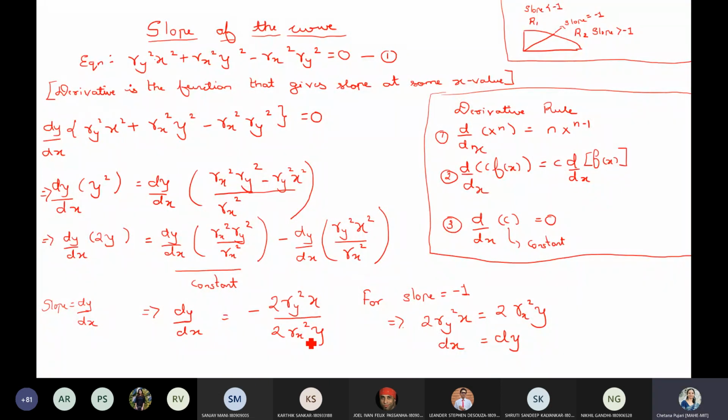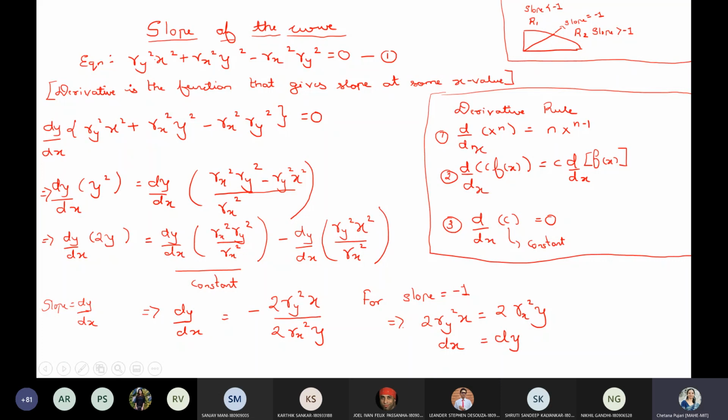When 2ry square x is equal to 2rx square y, when these two are equal, then you will end up with minus 1. So the condition is when dx is equal to dy, you can say the slope is equal to minus 1, which means that is the end of our region 1. Is it clear?